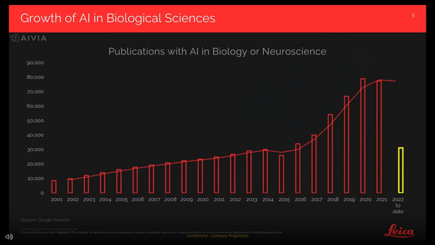We also see this in the biological community embracing AI, as shown here by the exponential growth in the use of AI in the biological sciences. The number of publications with AI in biology or neuroscience in the last 20 years has grown over 360%. In the first half year of 2022, the publication numbers have already surpassed the total number of publications in the entire year of 2015.